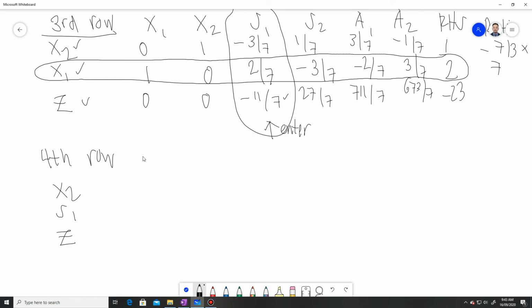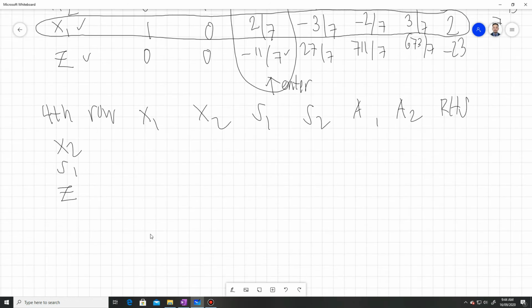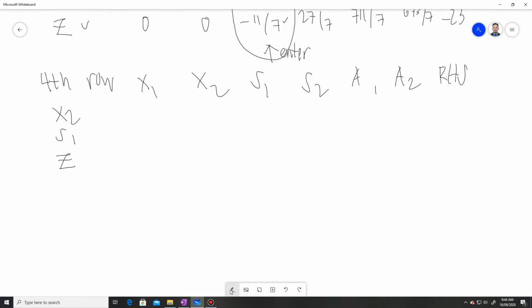And we just copy x sub 1, x sub 2, and so on. We will first develop the s sub 1 row by using the formula, the steps in the previous tables.